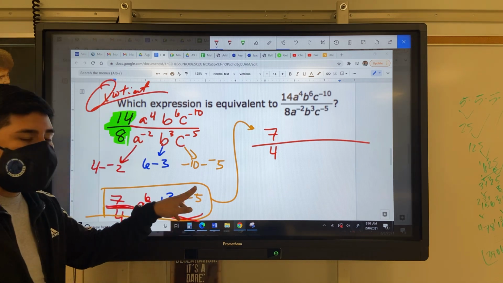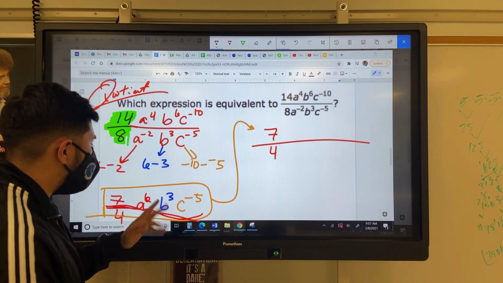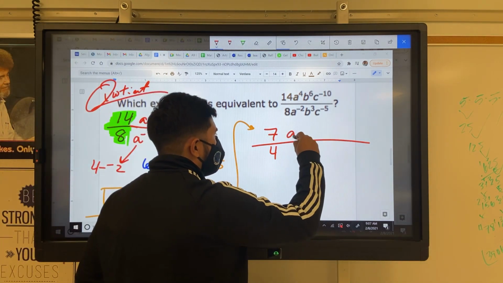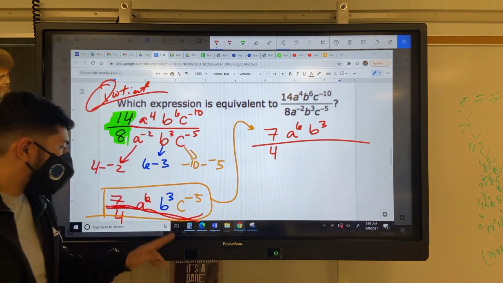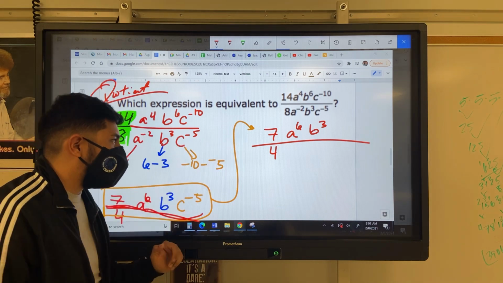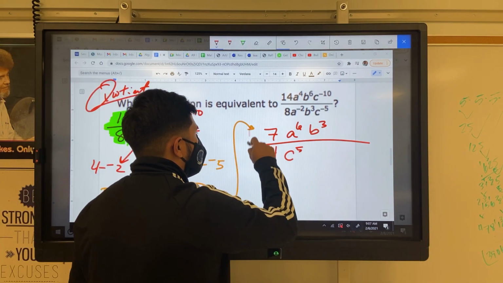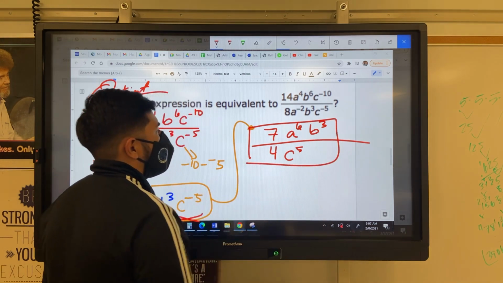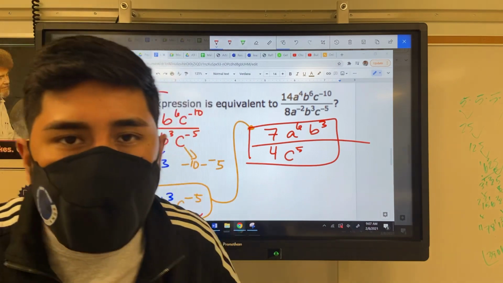The only thing that we got to fix is that -5. So A and B were already up there. A to the 6, B to the 3. But this -5 can't stay up there because it's negative, so I need to bring it downstairs and change it to positive. C to the positive 5. And there's my answer. Easy.